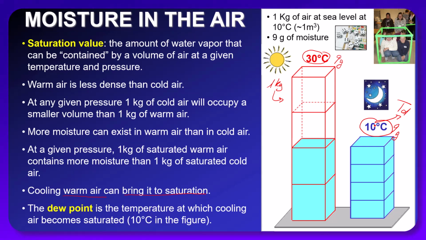So again, important concept. When you cool an unsaturated air parcel to its dew point temperature, the air parcel becomes saturated. This is important to understand what we do with Stuve diagrams to find relative humidity.